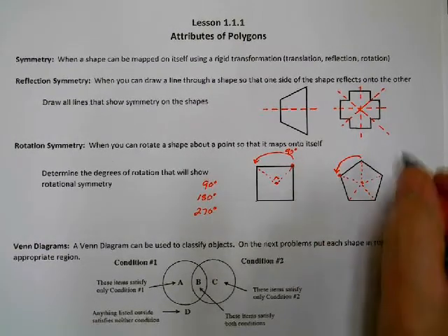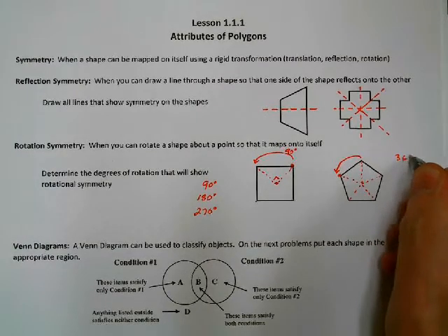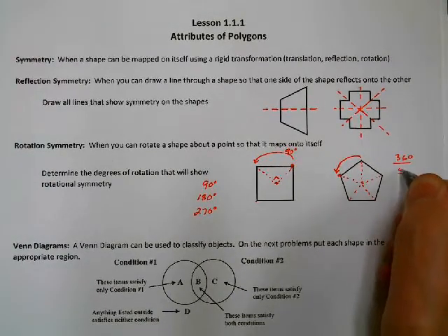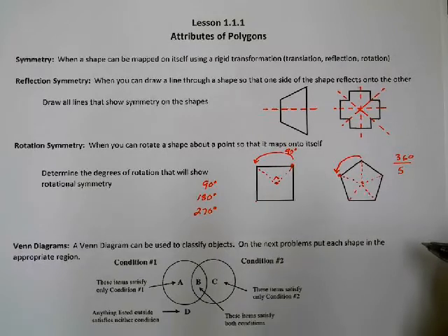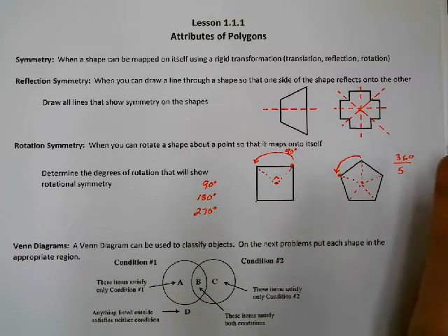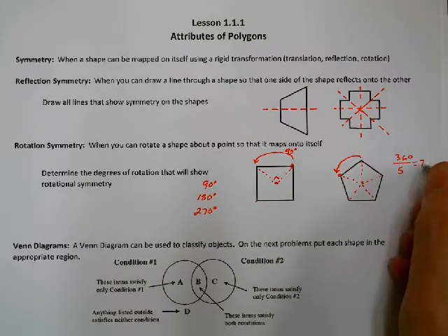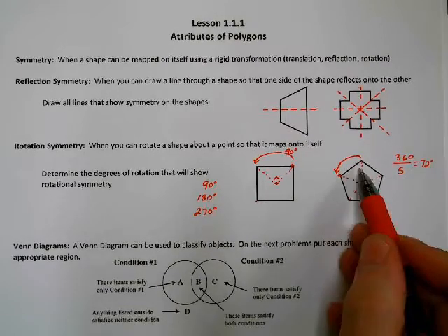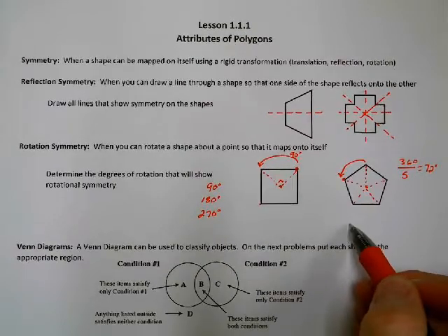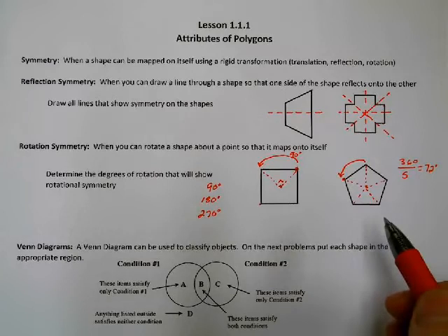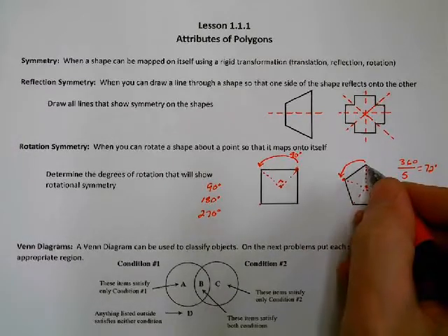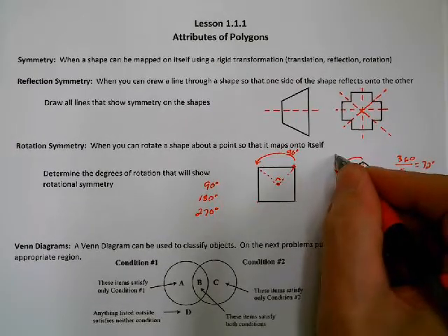If I did 360 degrees and divided by the number of sides, which is 5, that comes out to, what's that, 72 degrees? Yeah, it's 72 degrees. So this means every 72 degrees, this shape is the exact same shape when it's rotated. So from here to here, instead of 90 degrees, this is only 72 degrees.